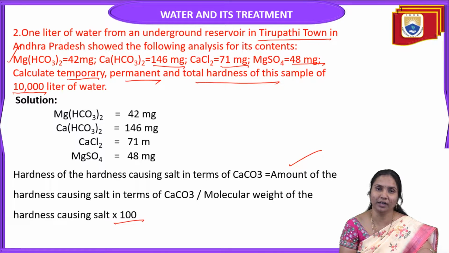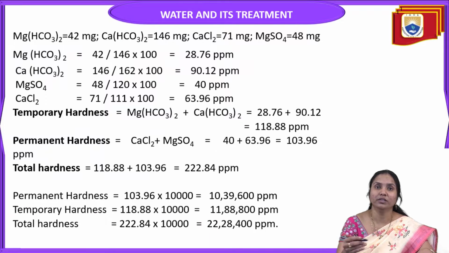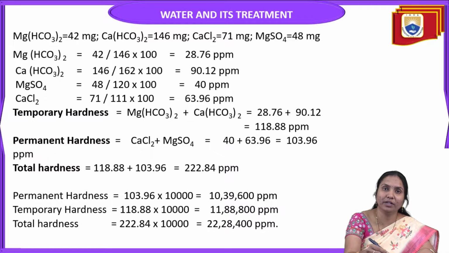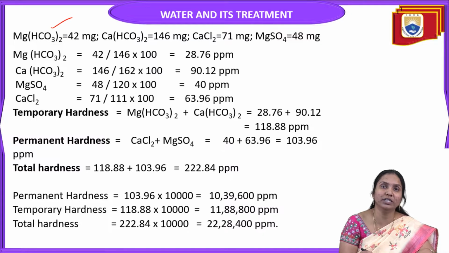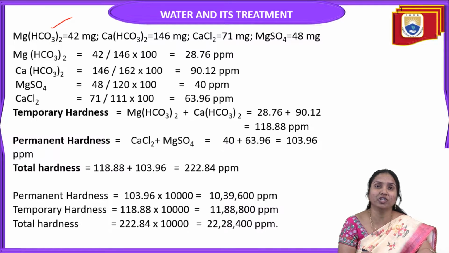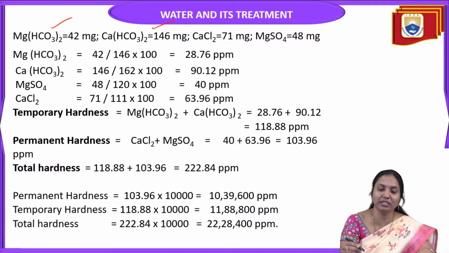From the data, magnesium bicarbonate is 42 milligrams, calcium bicarbonate is 146 milligrams, calcium chloride is 71 milligrams and magnesium sulfate is 48 milligrams.